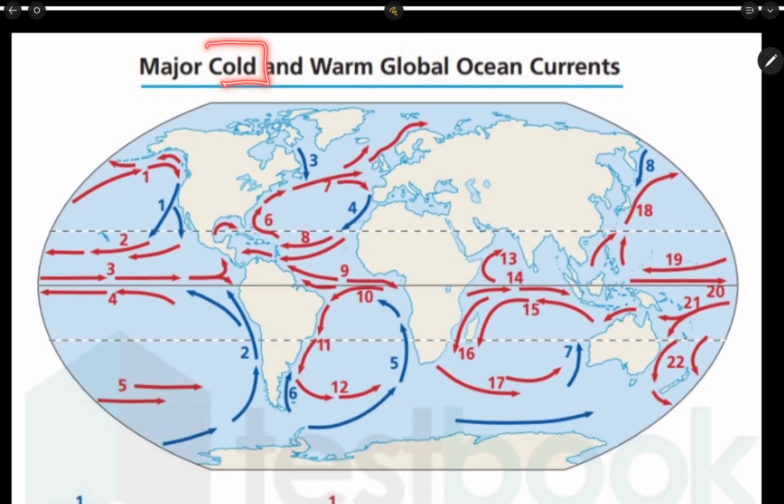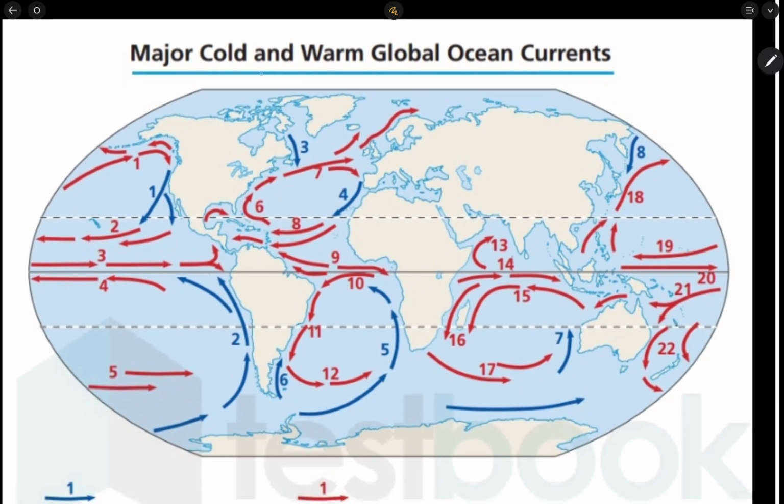Next we have the major cold and warm global ocean currents. We need to definitely remember these warm and cold ocean currents, and also where that exact ocean current passes through, or which ocean it passes through.